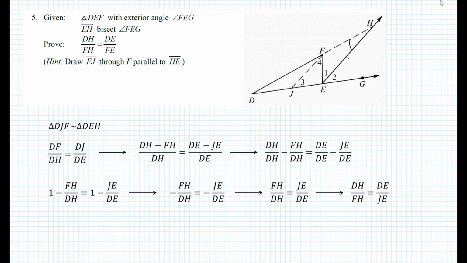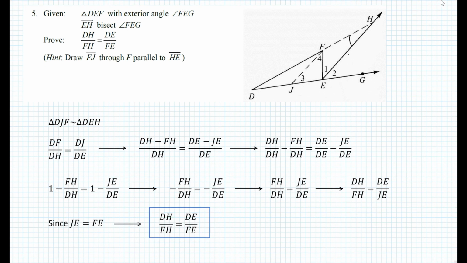So if we go to our previous steps, we obtain that DH over FH equals DE over JE. But what do we know about JE and EF? Well, we just figured out that they must be equal in measure. Since JE equals FE, we can conclude that DH over FH equals DE over FE. And that's basically how you prove number 5.